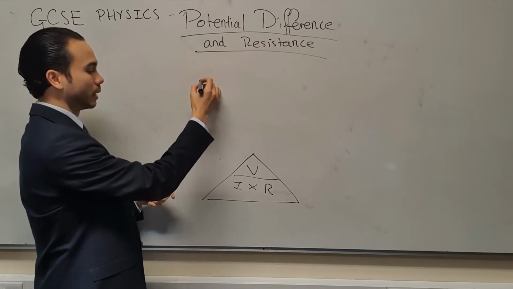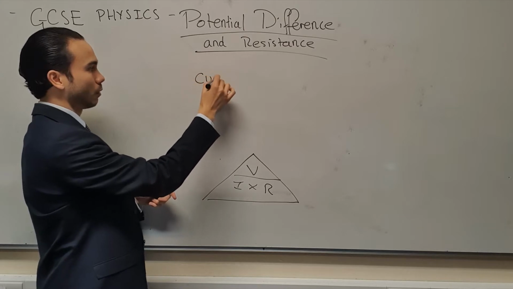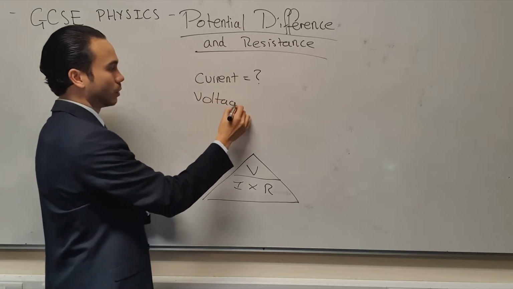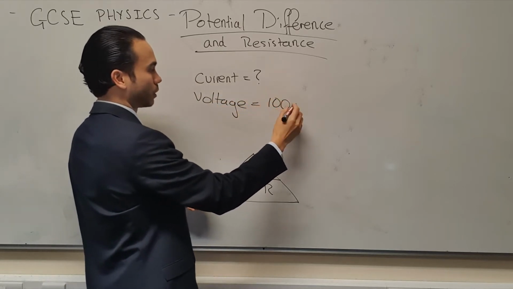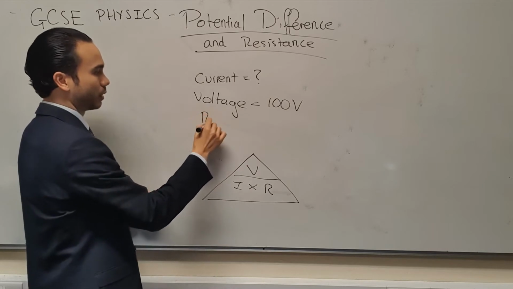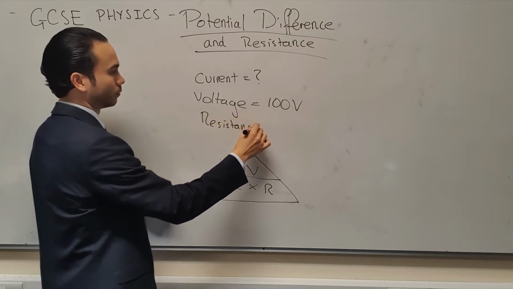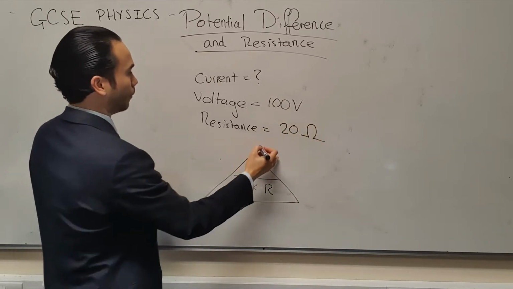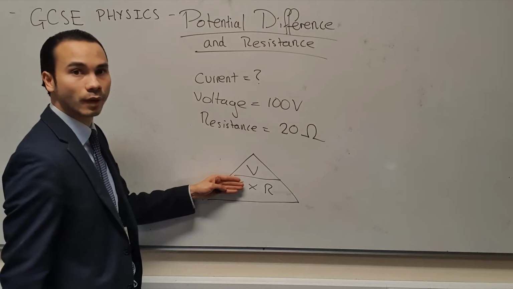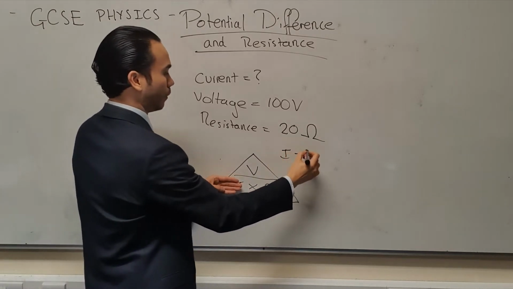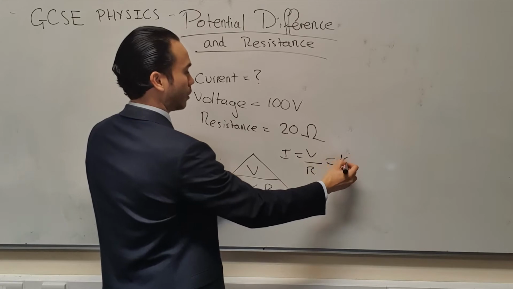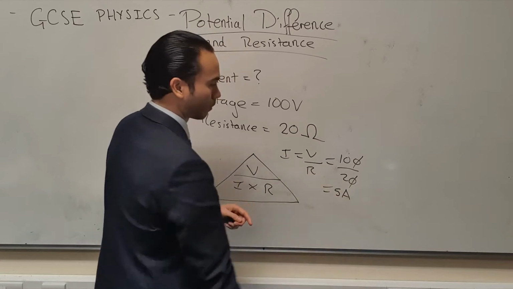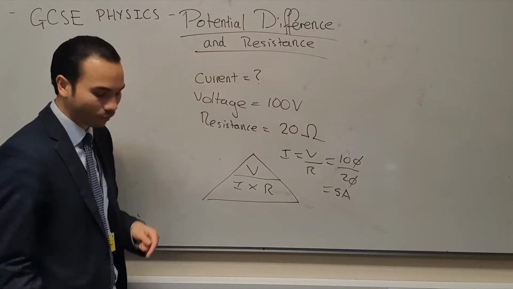If I want to work out current, and I'm given the voltage is 100 volts and the resistance is 20 ohms, current I is V over R, which is 100 over 20, so that is 5 amps. Something as simple as that.